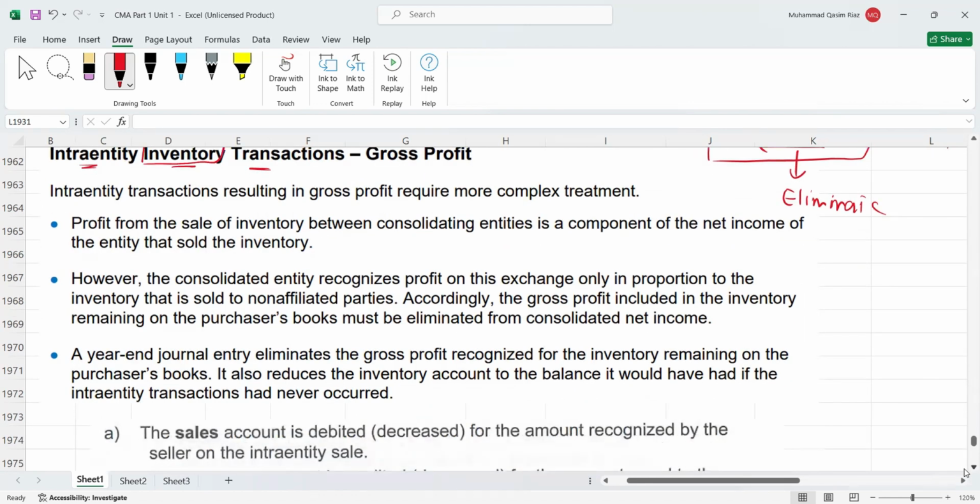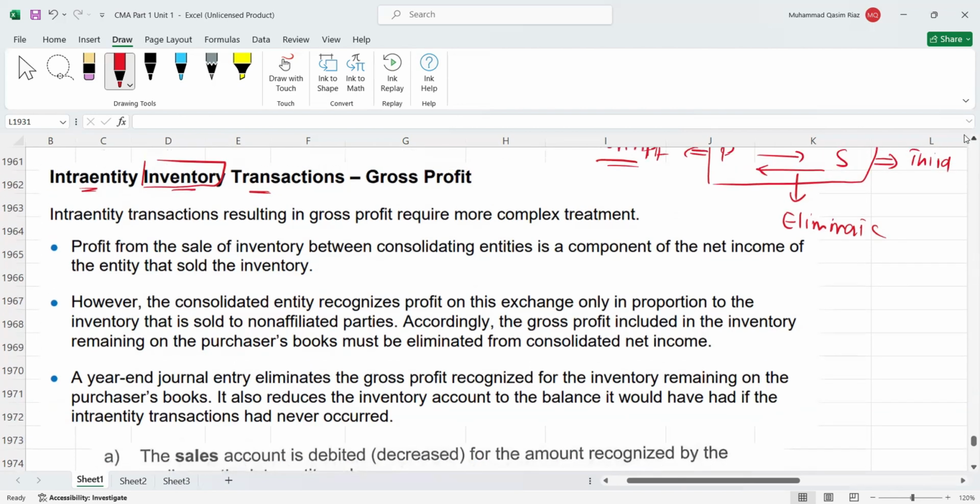Number one, please remember, if the parent sells goods to the subsidiary, obviously the parent will sell goods at a certain profit, right? That profit will be part of the net income of the entity that sold the inventory. Who is selling the inventory? For example, the parent. If the subsidiary is selling inventory to the parent, obviously the subsidiary will have some profit on that sale, and that profit will be part of the net income of the entity that sold the inventory, and here it is the subsidiary.